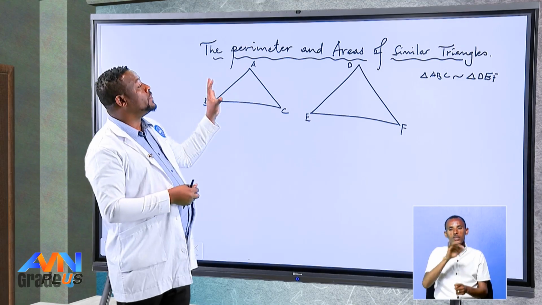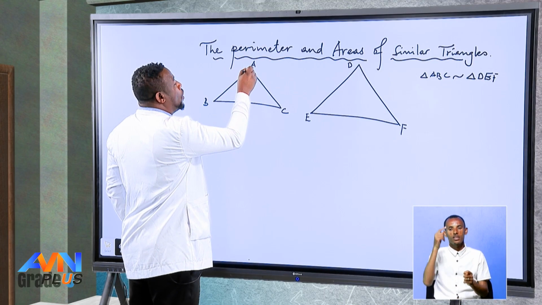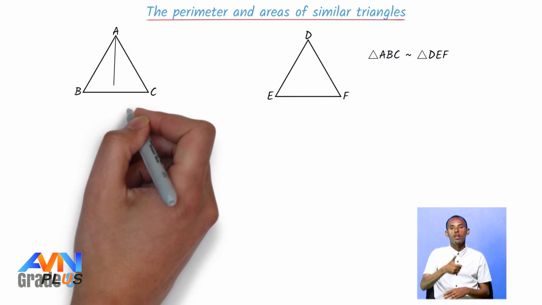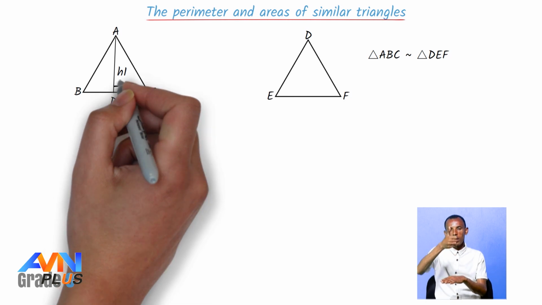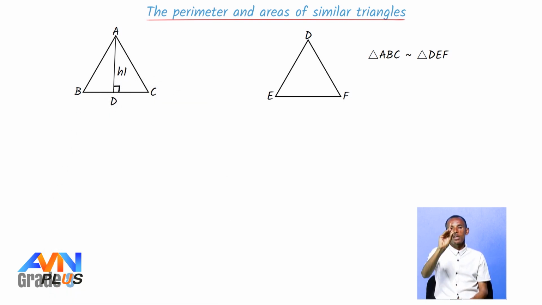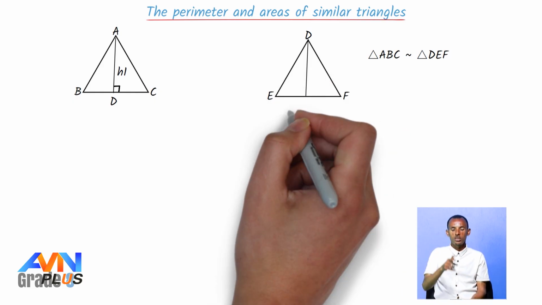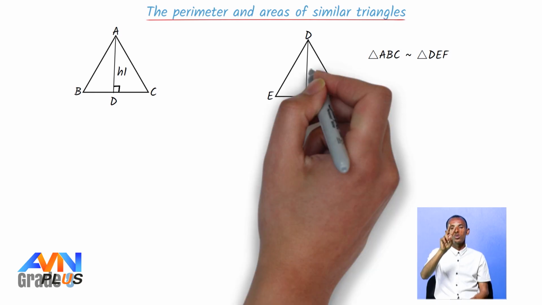So suppose we have an altitude drawn from A to some point, say D here, okay? Say that altitude is H1, and the altitude drawn from D to a certain point, say G, say this altitude is H2, okay?